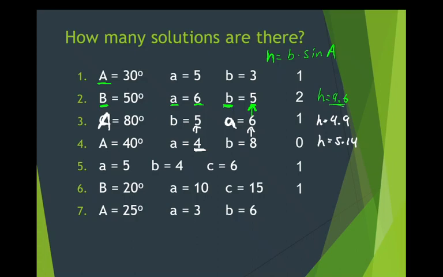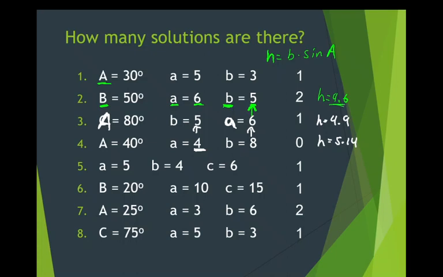So how many solutions? Since A is between the 2, there are going to be 2 solutions. See? Easy. And the last one, is this the ambiguous case? Nope. Because I've got 2 sides and an angle, but again, my angle doesn't match one of the sides given, so automatically it has one solution.